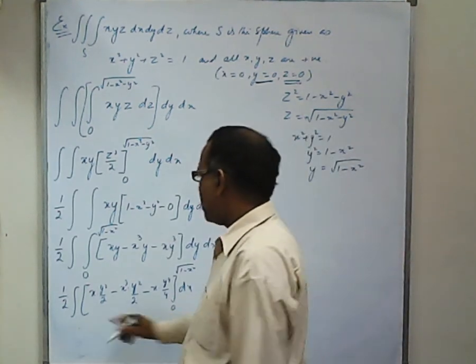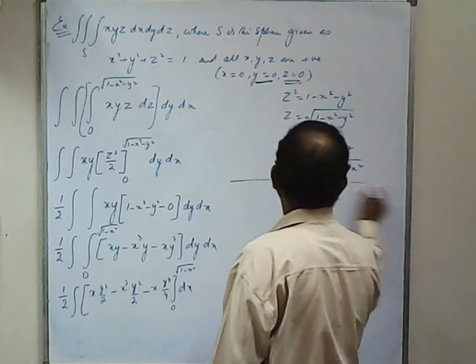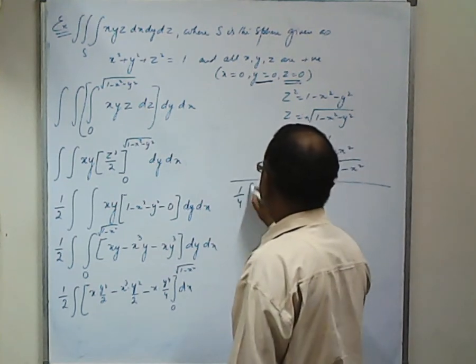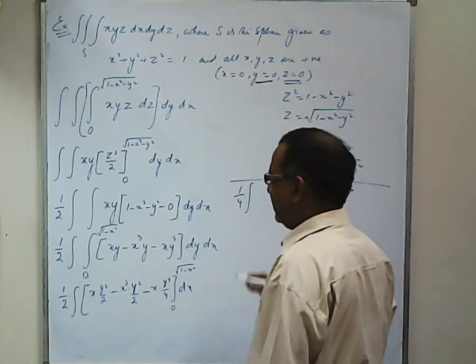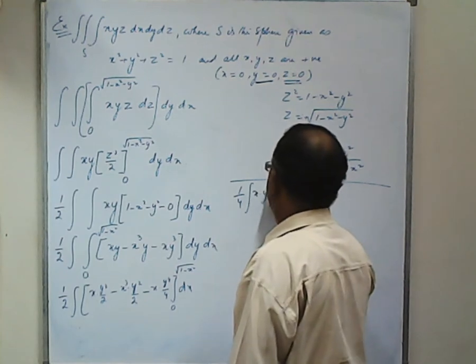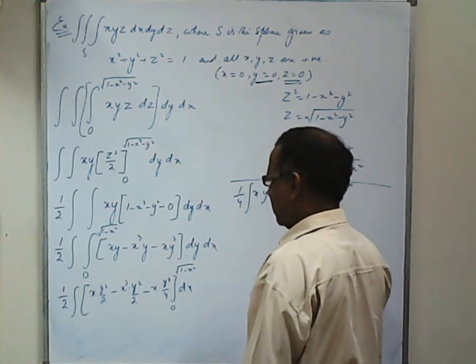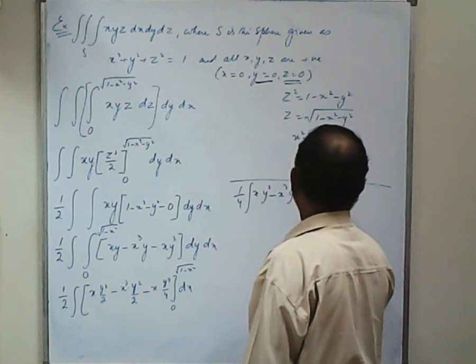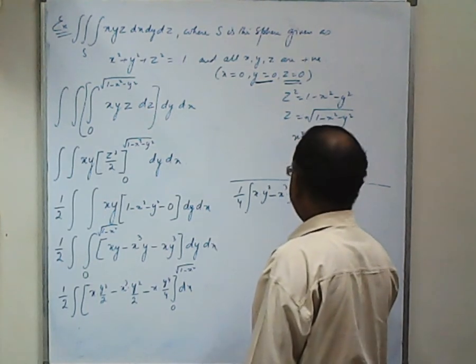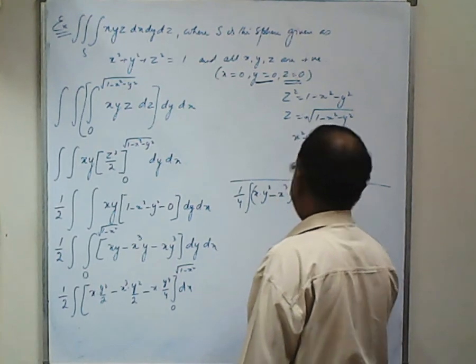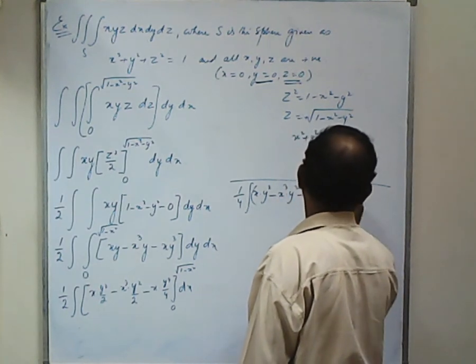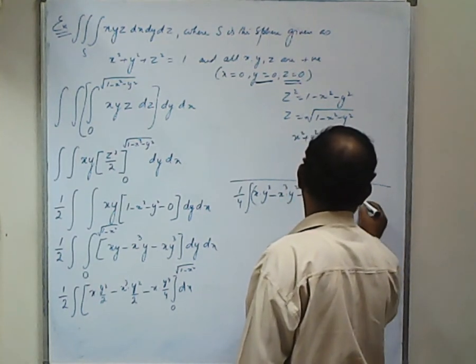Taking 1 upon 2 common outside, we now have 1 by 4 outside, then the integral of x y square minus x cube y square minus x y power 4 by 2, with limits 0 to under root 1 minus x square, and then dx.